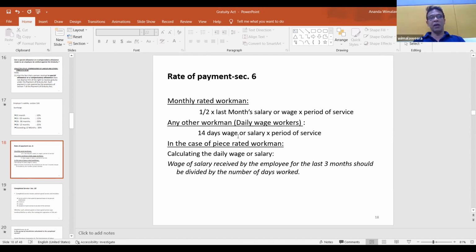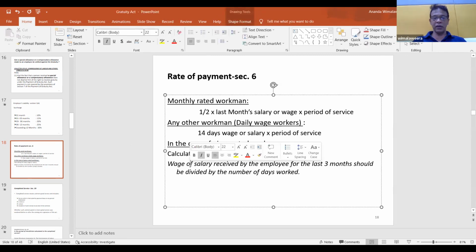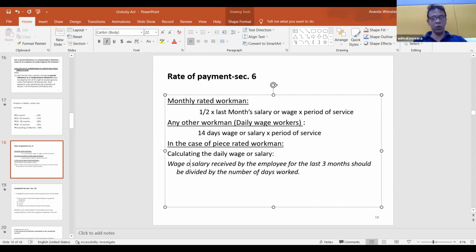In the case of a piece-rated workman, calculating the daily wage or salary is like this. First, you have to calculate the daily wage. The wage or salary received by the employee for the last 3 months should be divided by the number of days they worked.